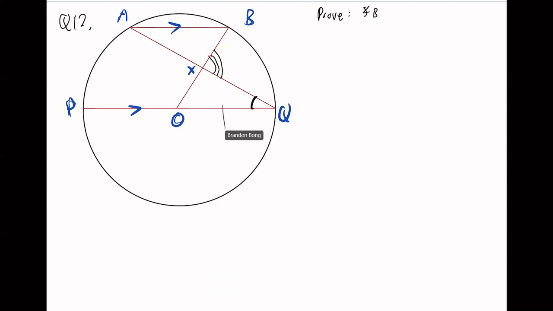Okay, that's not useful. Parallel. Okay, this is that alternate angle. Yes, so maybe we call it X. So we're going to show this is 3X?